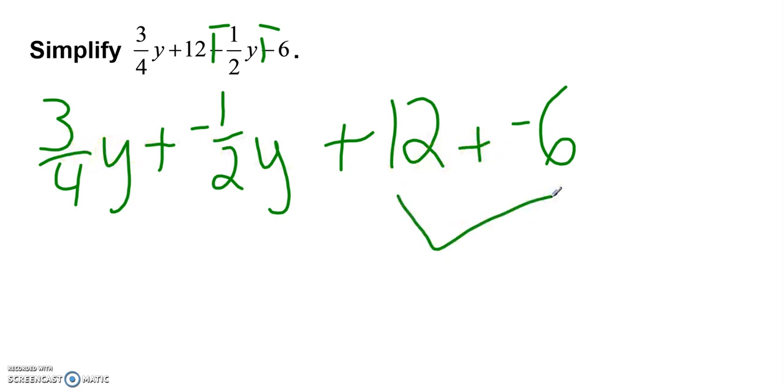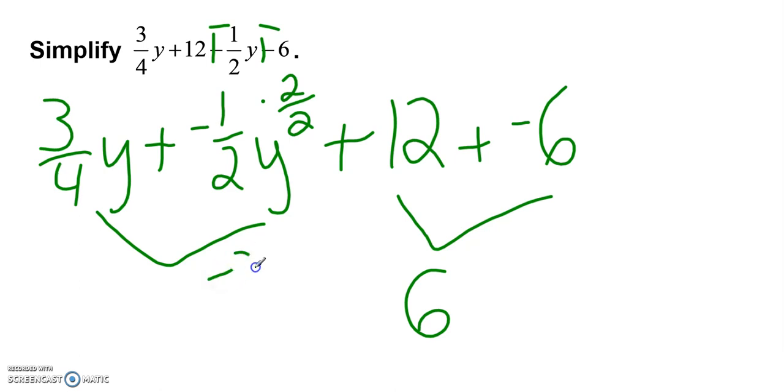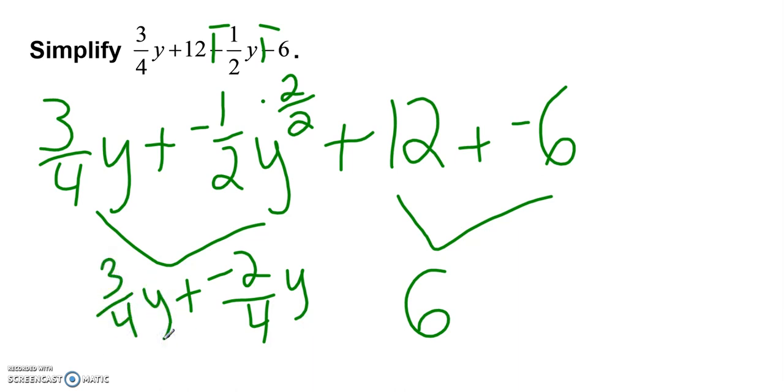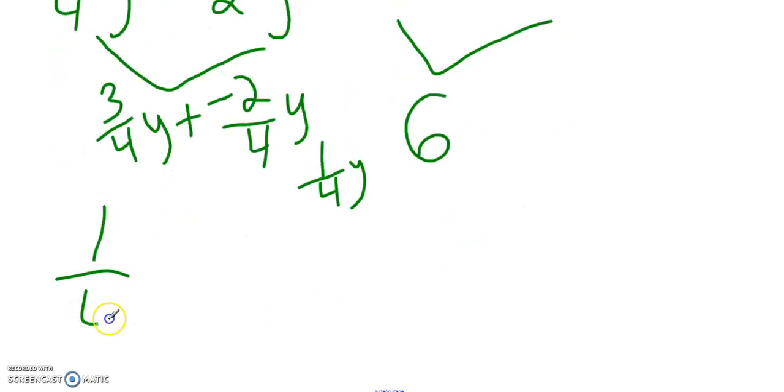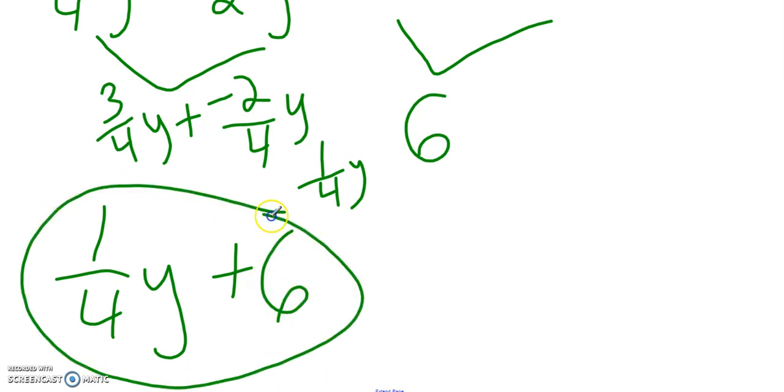This is going to give me a 6, and then this is going to give me something, but I can't just see off the top of my head. So I'm going to multiply this by 2/2, so I get the same denominator as this. That gives me -2/4 plus 3/4 y. So that's going to give me 1/4 y. So we get 1/4 y plus 6 as our expression, okay?